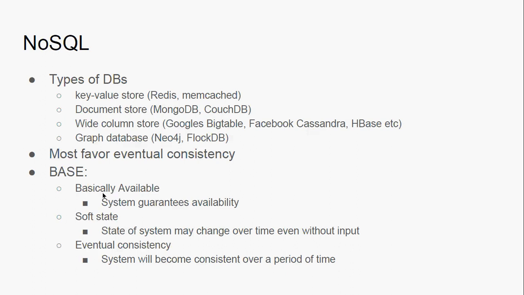BASE typically chooses availability over consistency, with consistency guaranteed in the form of eventual consistency. And soft state means that the state of the system changes over time, even with or without input.